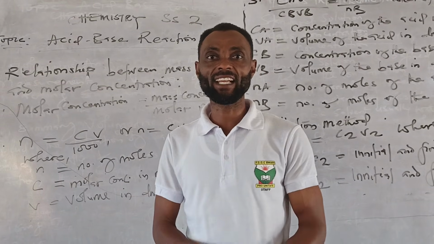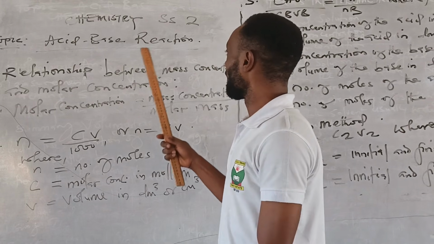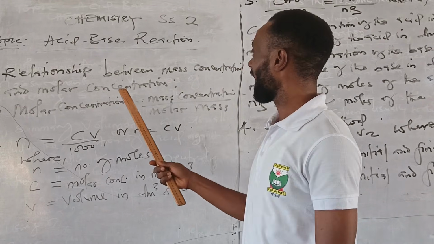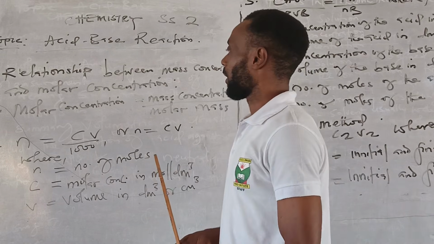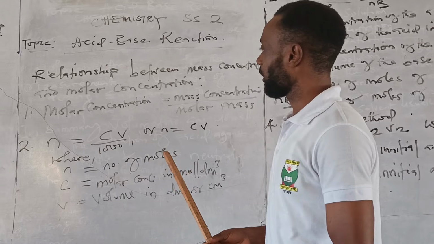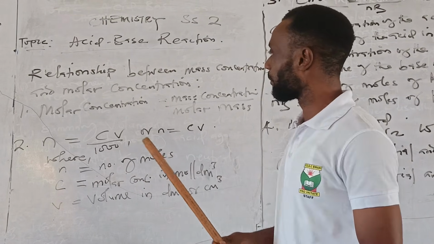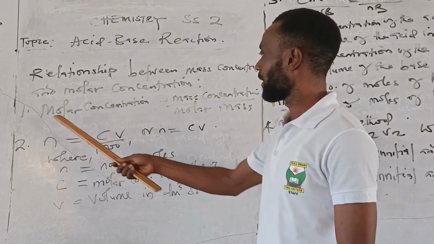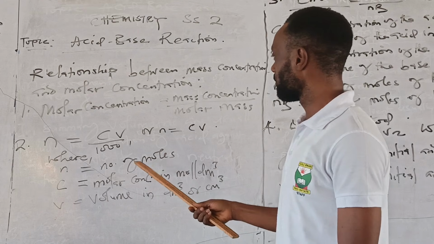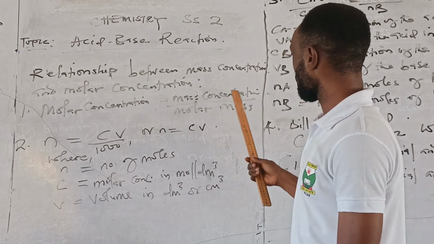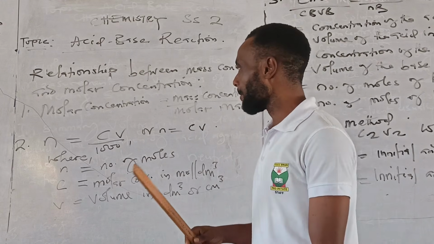Now we are going to be looking at the relationships that connect the mass concentration and the molar concentration. The first formula is: molar concentration, in mole per dm cube, equals mass concentration in gram per dm cube over the molar mass, in gram per mole.